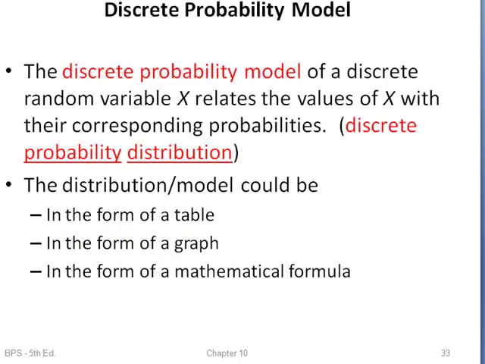We're going to look first at the discrete probability model. The discrete probability model is the model of a discrete random variable. So it's going to relate the values of our random variable with their corresponding probabilities. We generally can see these in a table or a graph, and sometimes in the form of a mathematical formula.